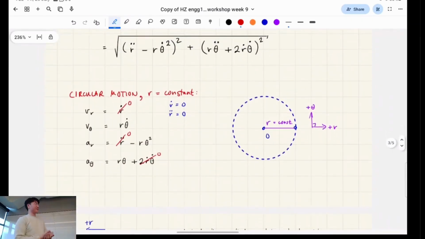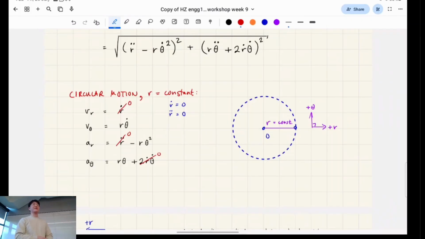There is a specific case of circular motion within curvilinear motion with the coordinate system. I don't want you to focus on this too much. It's basically where r is constant. You can imagine that just means that the change in radius is 0. These are the same formulas as before, but I've just set the change in radius and the second change in radius to 0.